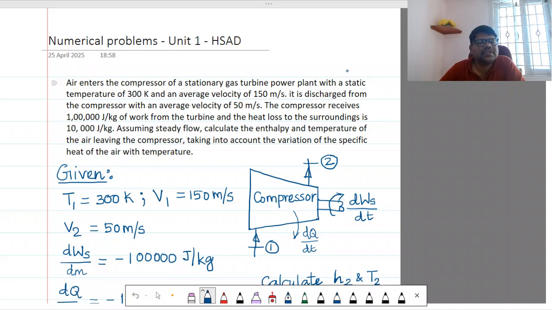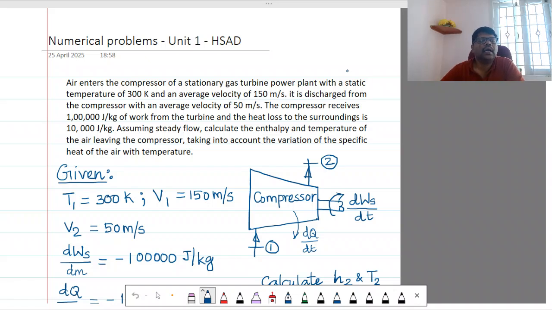The compressor receives 1 lakh joule per kg of work from the turbine, and the heat loss to the surroundings is 10,000 joule per kg. Assuming steady flow, calculate the enthalpy and temperature of the air leaving the compressor, taking into account the variation of the specific heat of the air with temperature.